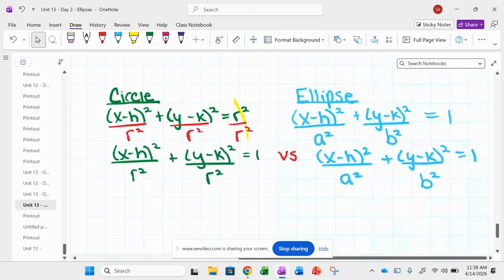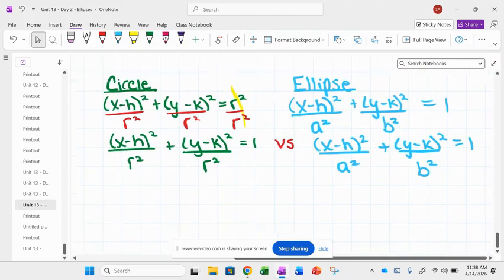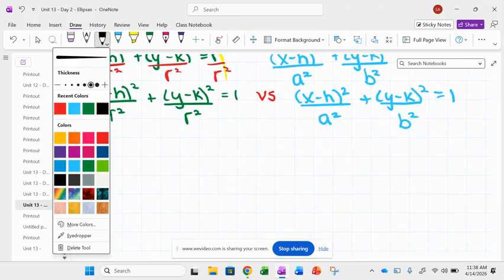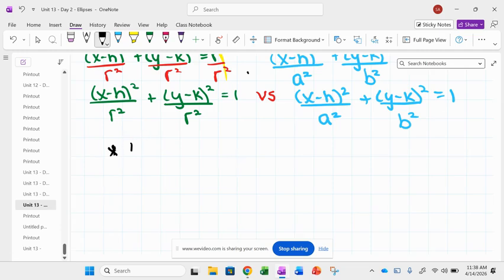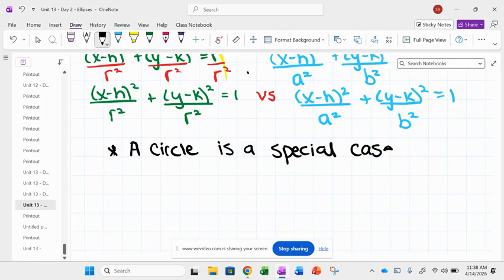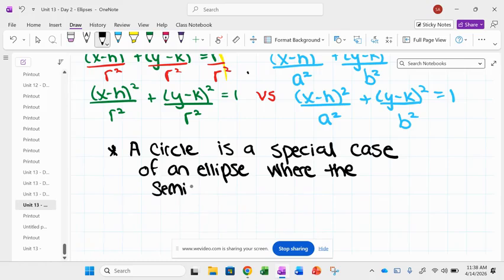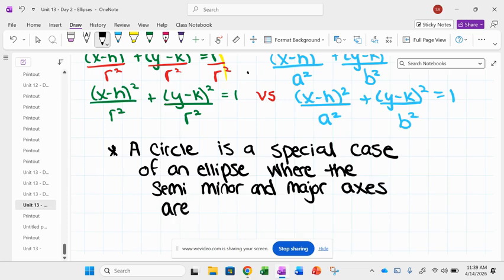So let's write this down. Basically what I said, let's summarize it into a quick little note. Star, a circle is a special case of an ellipse where the semi-minor and major axes are equal.